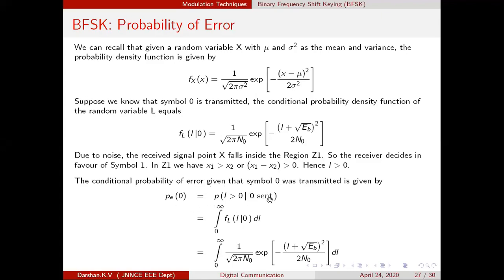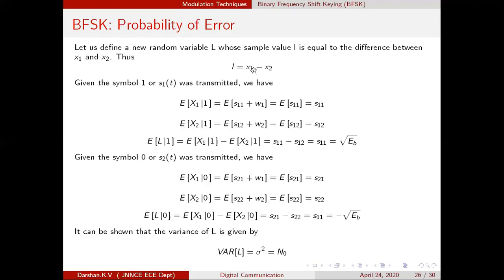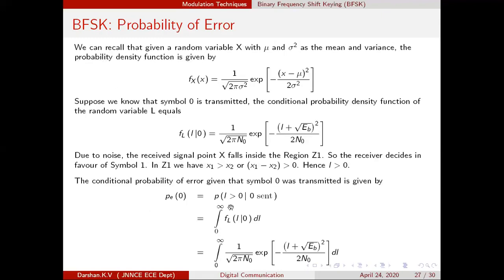This line is very short, but you need to understand it carefully. What do you mean by L? L is nothing but the difference between X1 and X2. Whenever the received signal point falls in the region Z1, L will be greater than 0. Why am I taking this particular event?